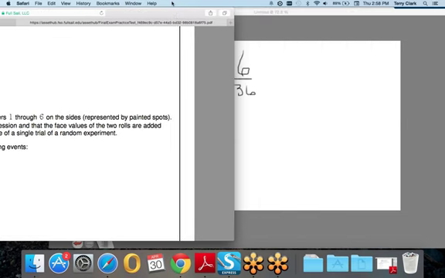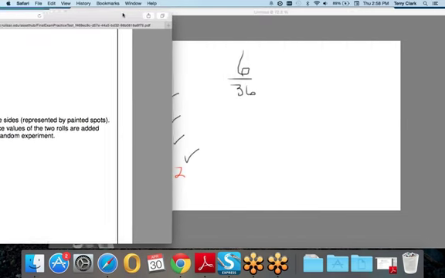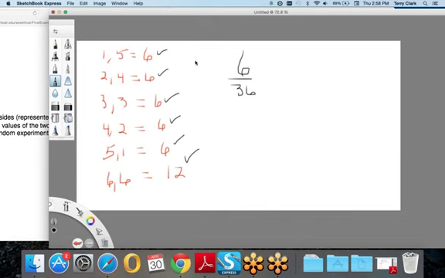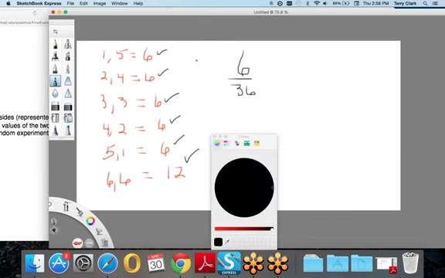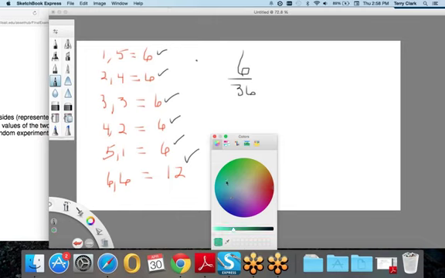Okay, so there's 6 that can. So to figure out what can't, once again, I'm going to take the total of 36. And then I'm going to subtract the 6 from it, and then that'll tell me what's left over. So that's going to be 30 out of 36.